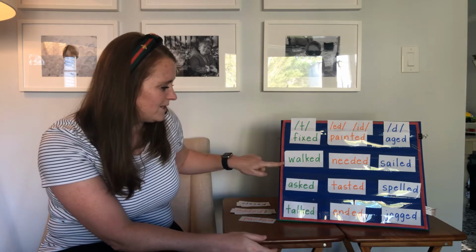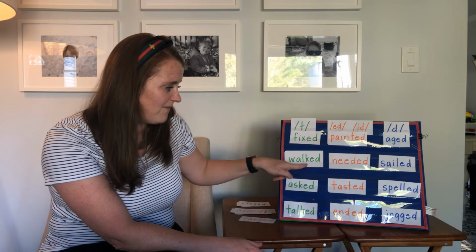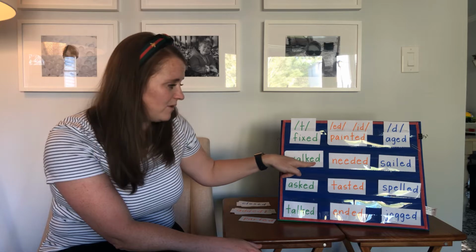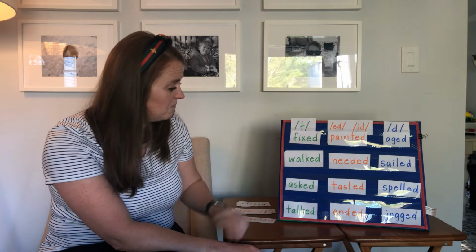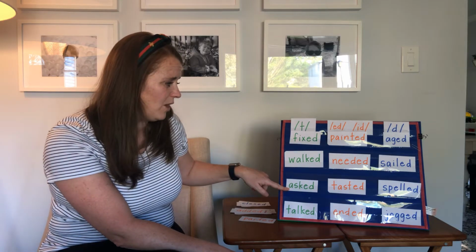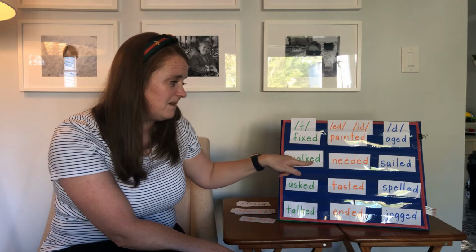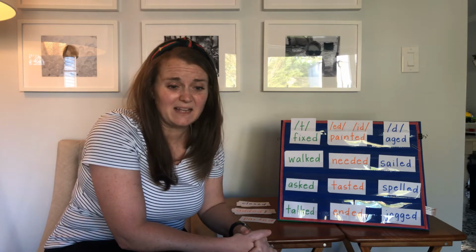If I looked at walked and talked, they both have a K before the ed ending. Same thing with asked. So now I'm thinking, if a word has the consonant K before the ed, does that make the ed sound like a t?